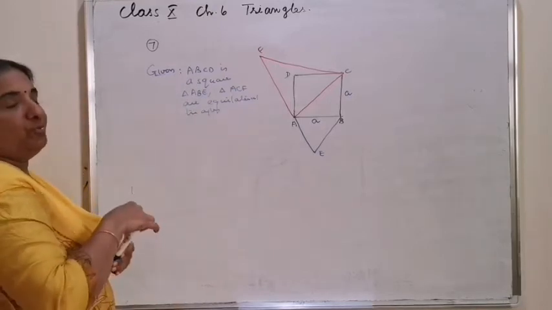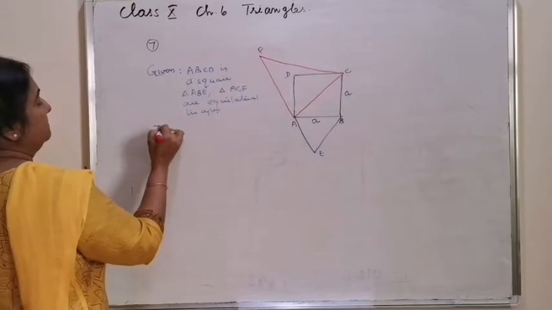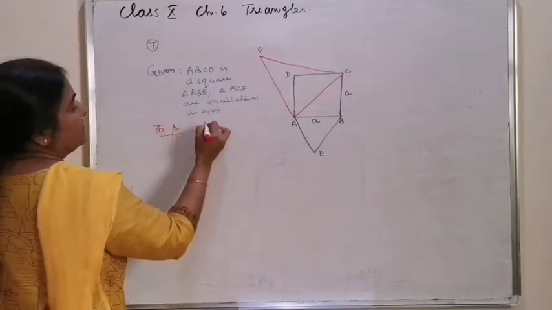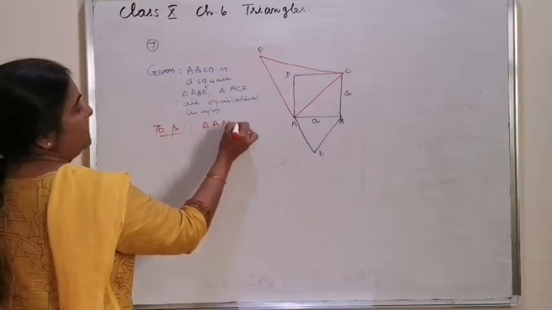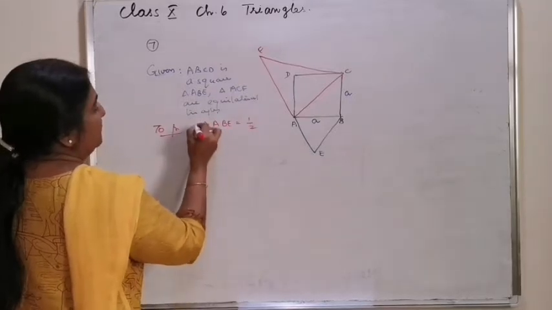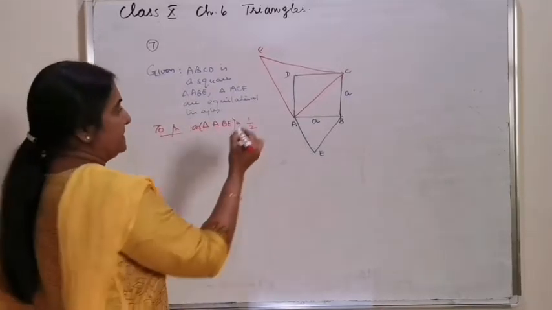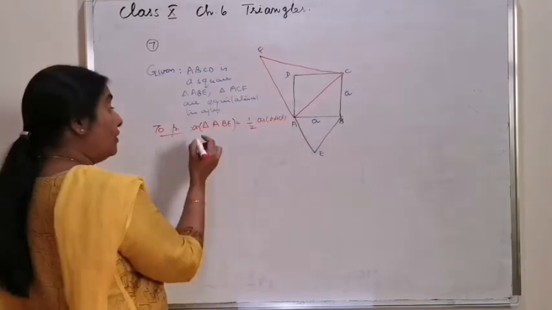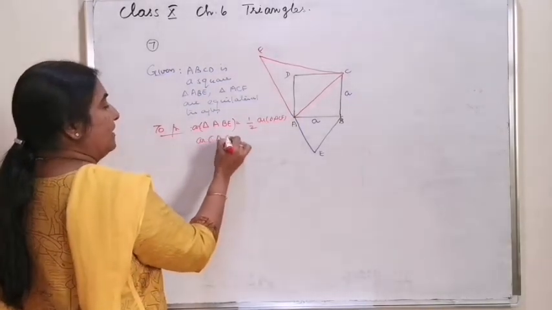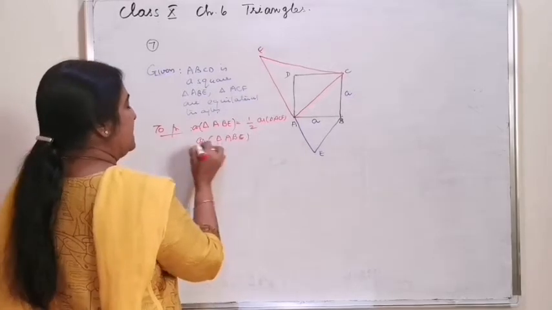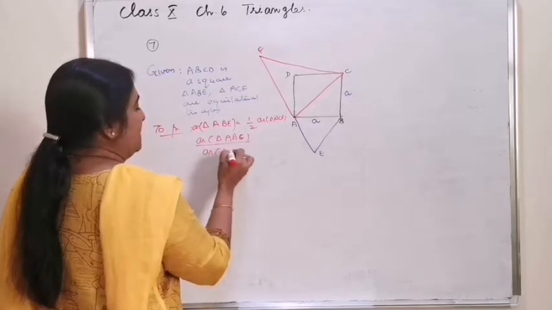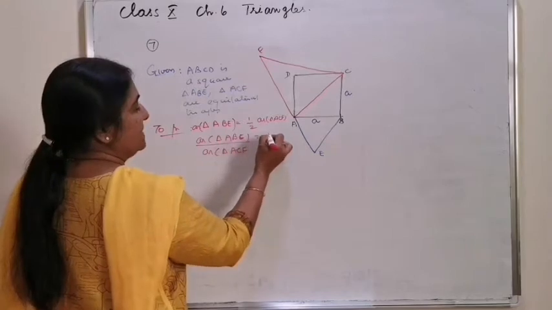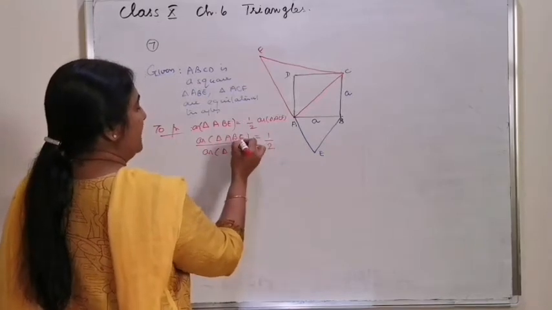What is to prove is area of triangle ABE is equal to half area of triangle ACF, or the ratio of area of triangle ABE by area of triangle ACF is equal to 1 by 2.